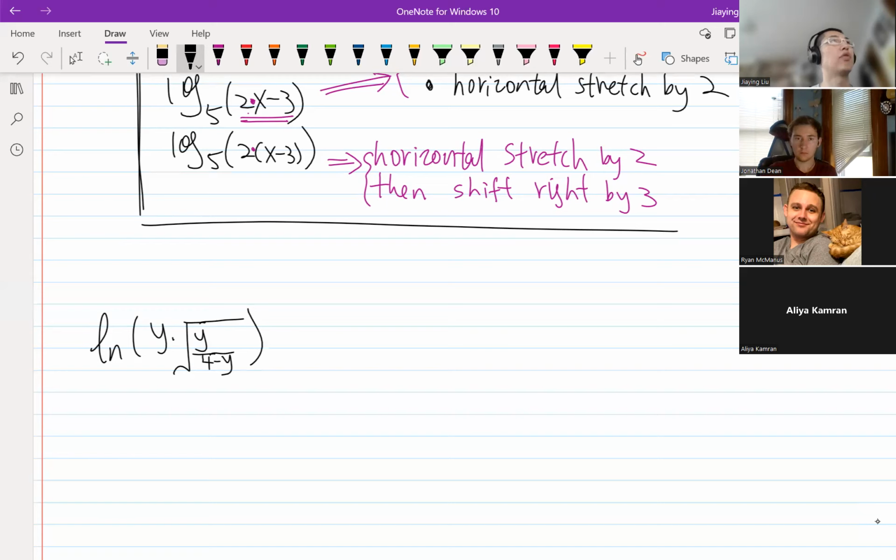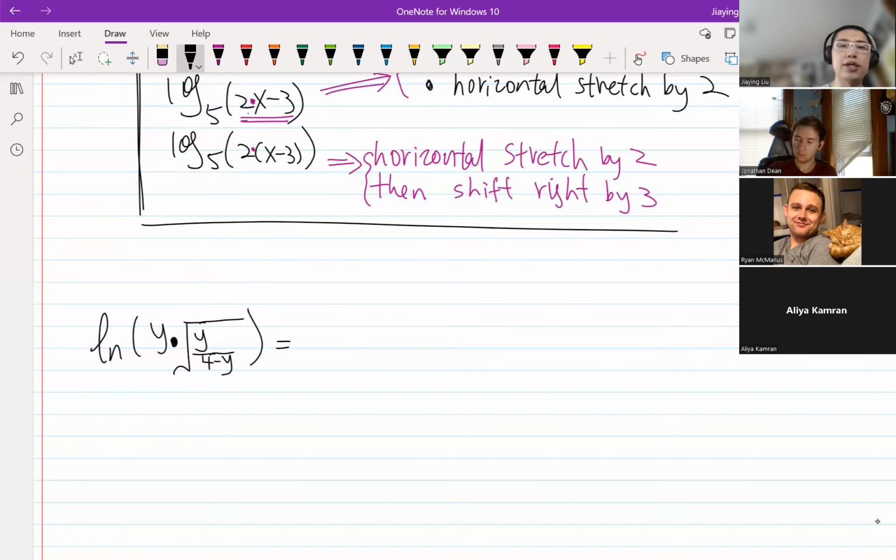Okay. So here, if we just look inside the log, we have a product, y times the square root part. So let's apply the product rule first because that's what's obvious.